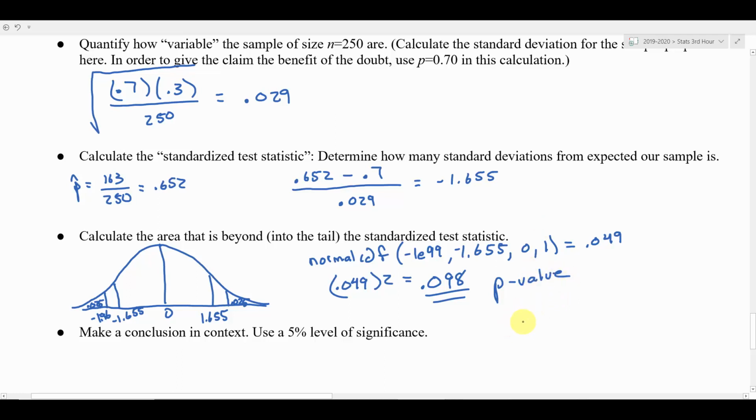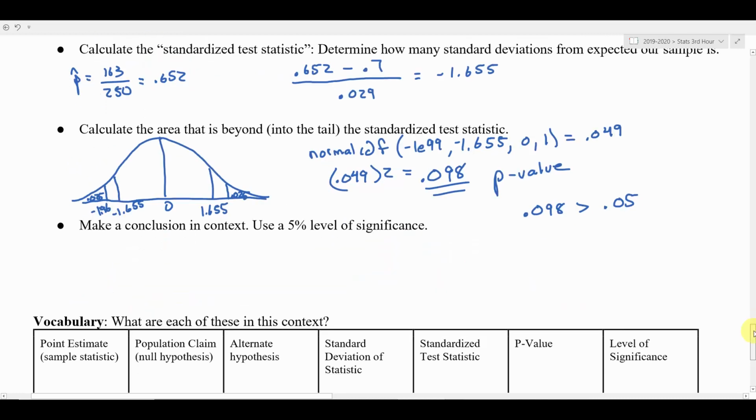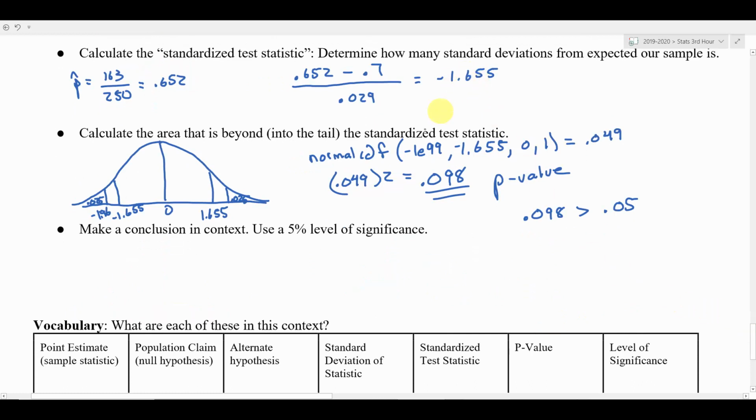Okay, and then I compare that p-value to my significance level. 0.098 is greater than 0.05. To reject the null hypothesis, we need it to be less than. So this 1.655 to the left, it wasn't far enough to the left. It wasn't far enough away from the expected value to reject the original claim. All right.